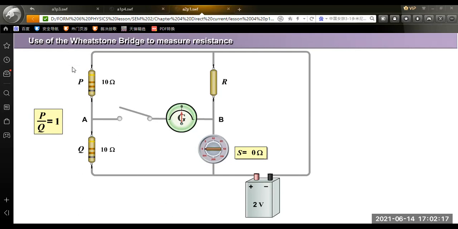Now P over Q is equal to 1, right? If P over Q equals 1, is it balanced or not? No. That means current flows through PQ, so there is a potential difference.